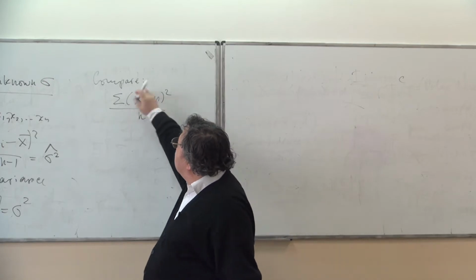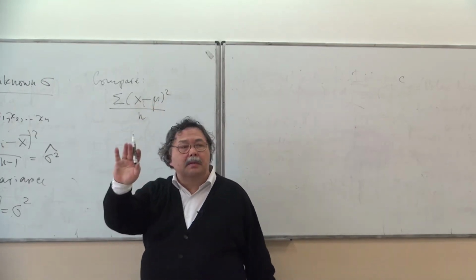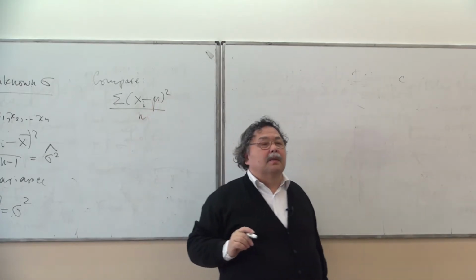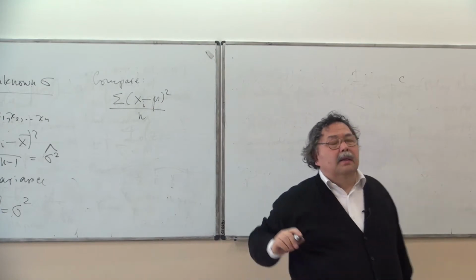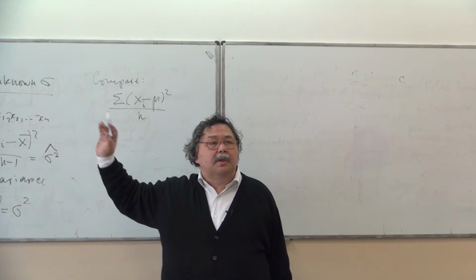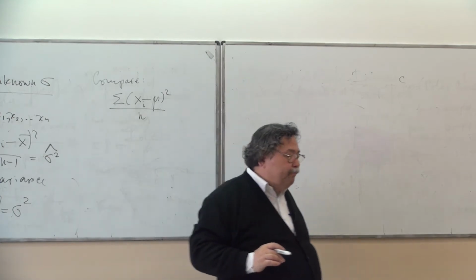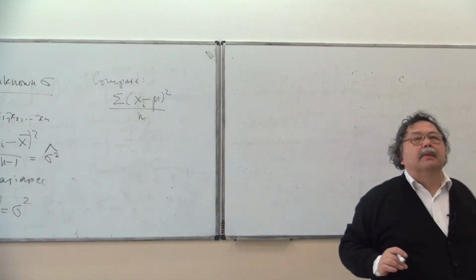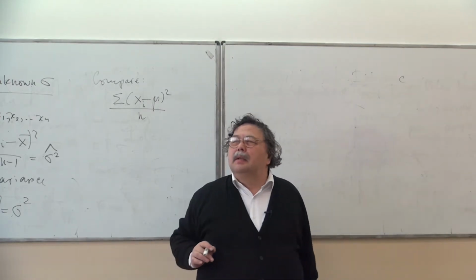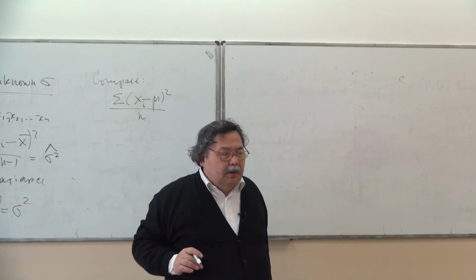I'm sorry, this is an error. Please forgive me. Please correct this. So this is the deviation from the mean of xi, and we square each such deviation, and then we average them out. So the variance, which is a measure of spread, is the average squared deviation from the mean.